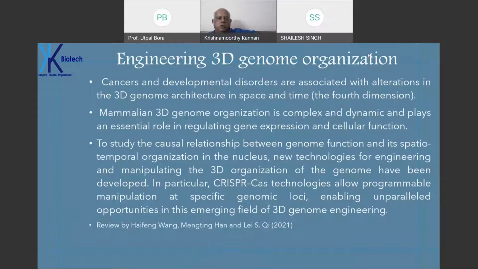Mammalian 3D genome organization is complex and dynamic and plays an essential role in regulating gene expression and cellular function. And that's what we are trying to address now. To study the causal relationship between genome function and its spatio-temporal organization in the nucleus, new technologies for engineering and manipulating the 3D organization of the genome have been developed.